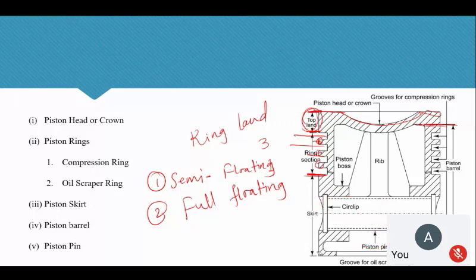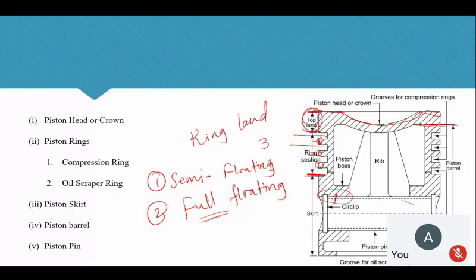So Vedant, the difference between full floating and semi-floating gudgeon pin is this. See, when you are using a full floating gudgeon pin, it will have relative motion between the piston and the gudgeon pin. Here, this is movement number 1.